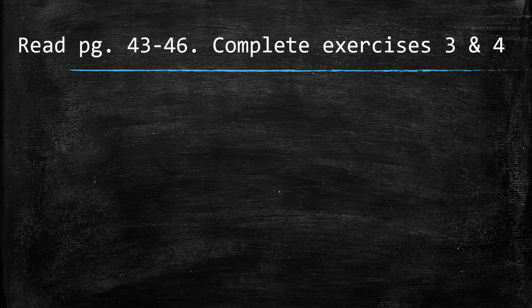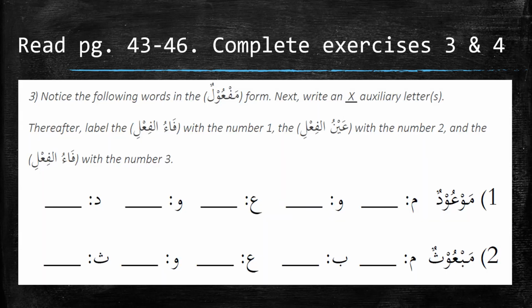What you can do for your final homework assignment for Friday is you can read pages 43 through 46 of your course book. And based upon what you read, it'll be a revision of what we've talked about in this video. You can do exercise 3, which can be found on page 44, and you can do exercise 4, which can be found on page 46. So exercise 3, notice the following words in the maf'ul form.